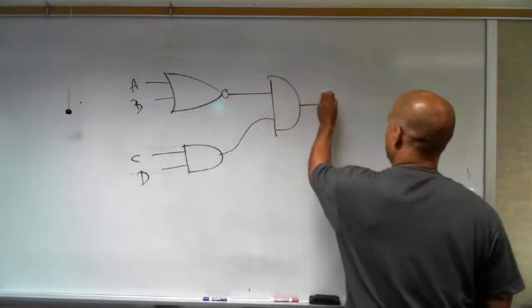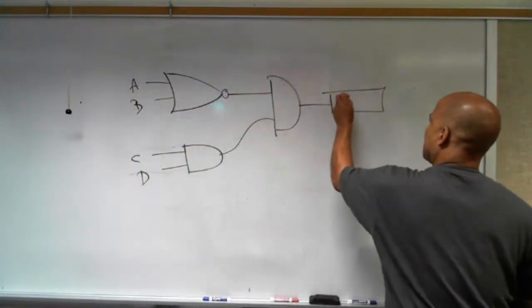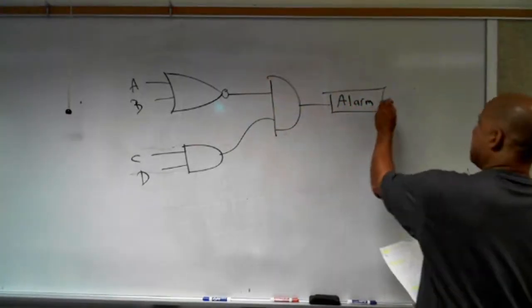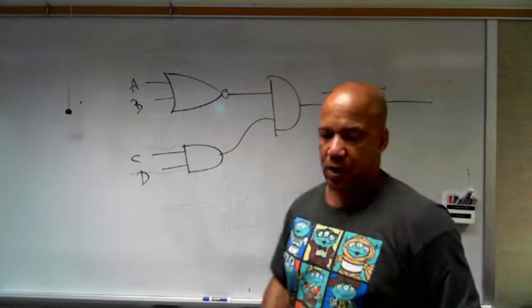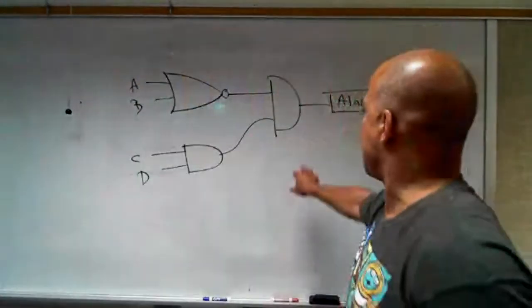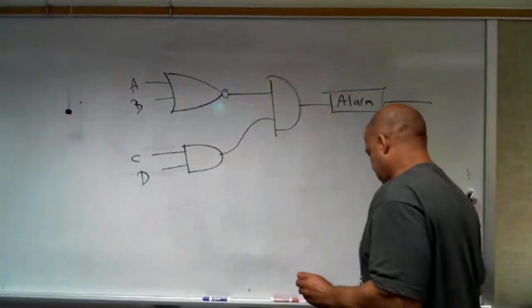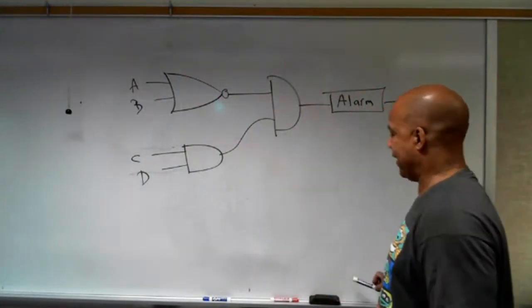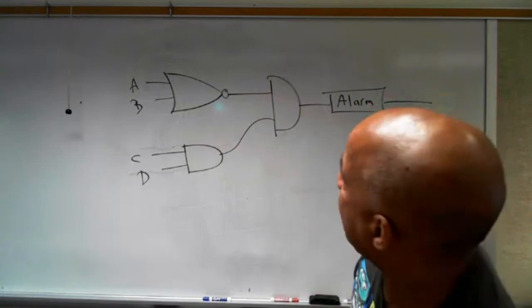And then they had this hooked to some kind of alarm or something. So what would the expression be for this? I mean, it's pretty easy to get the expression, right?